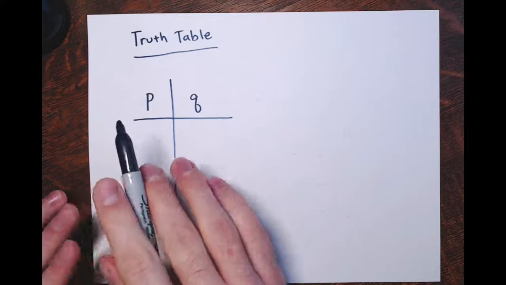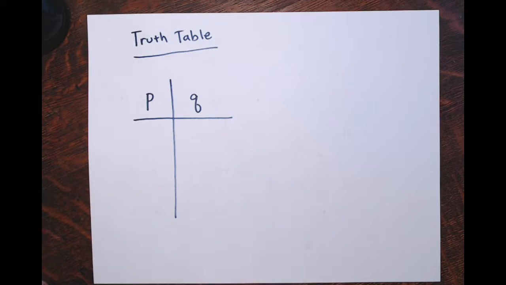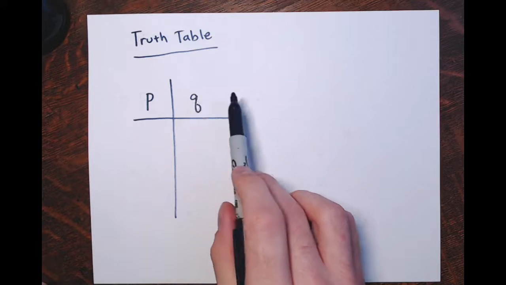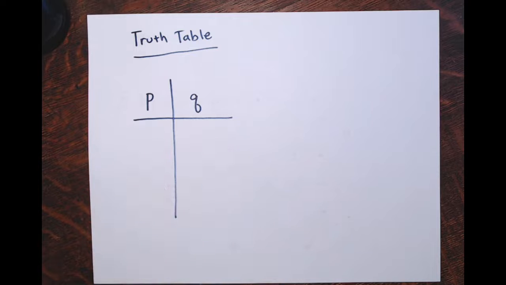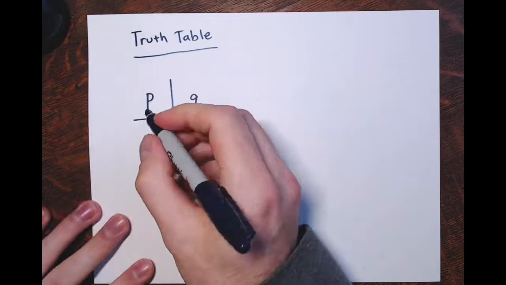So if there were 3 propositions, P, Q, and R, then there would be 2 times 2 times 2, 8 different rows. But here there are only 2 propositions, so only 4 rows.